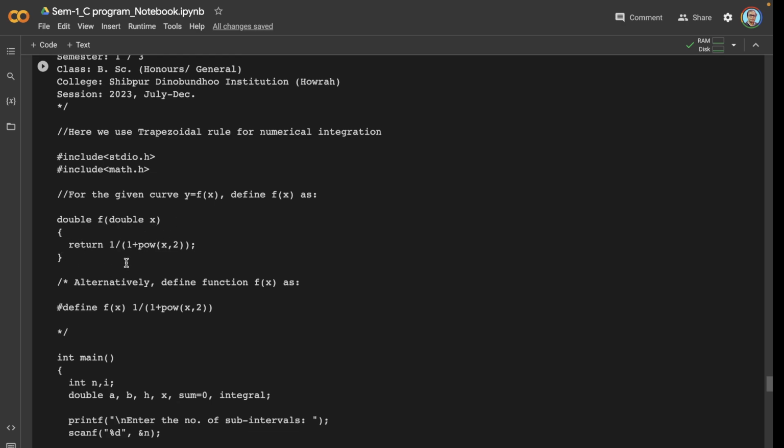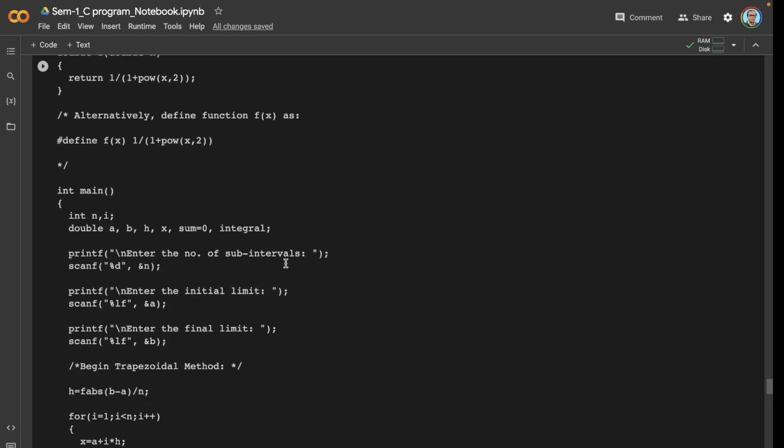Return the value. Suppose this function is 1 by 1 plus x square. This is the function f(x). So we integrate 1 by 1 plus x square from 0 to 1. Alternatively, you can define this f(x) as hashtag define f(x) 1 by bracket 1 plus power x comma 2.